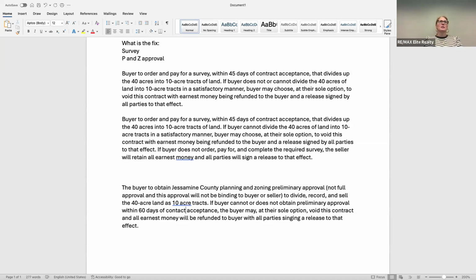If you get one that's really knowledgeable and they understand how to build contingencies, then they may come back and ask you to do something different. Like if the buyer does not act, do they still get their earnest money back? No, the seller should get it really. But these are basically how I would write them.